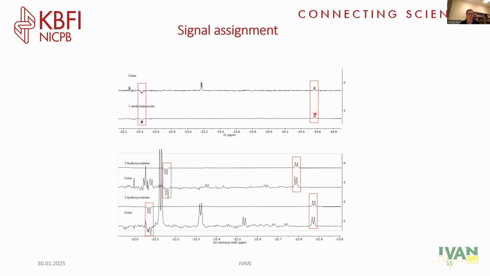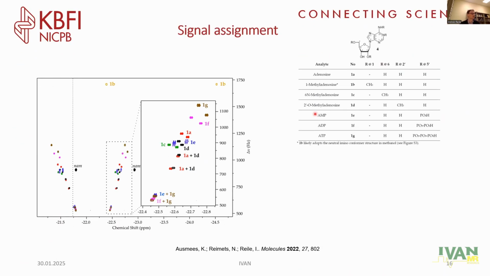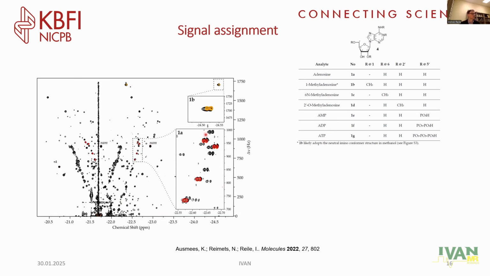So we can keep the matrix effects under check to a very good degree, meaning that you could build a database and apply a database to identify signals in a very complex mixture. So this is a very, very small database of adenosine derivatives in this case, which we could then superimpose to this urine spectrum and identify a certain number of signals from it.